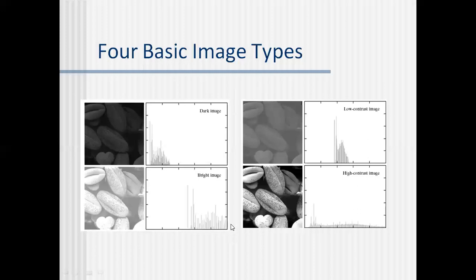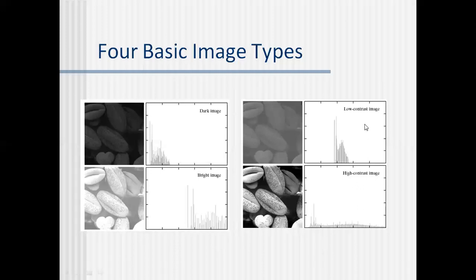So in any bright image, the bars are towards the maximum value. But in any dark image, the bars are towards the lesser value, towards 0, because a dark image can be treated as black pixels. Black pixels are towards 0 and bright pixels towards 1.